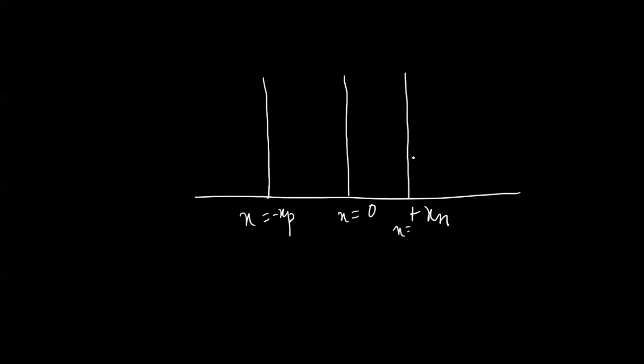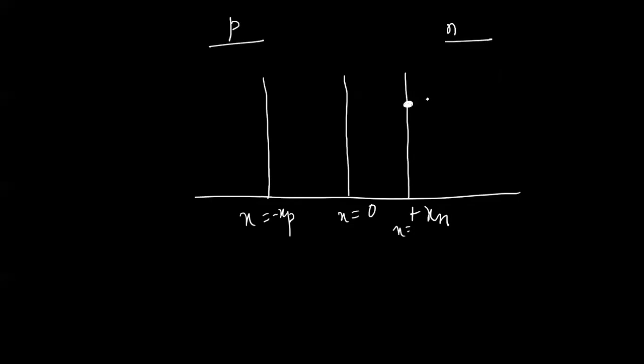And here we need to find out the electron and hole concentration. Suppose this is the concentration of hole in the n region, because this is our p region and this is our n region.